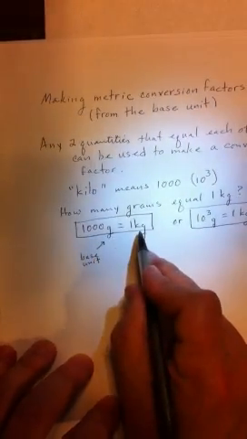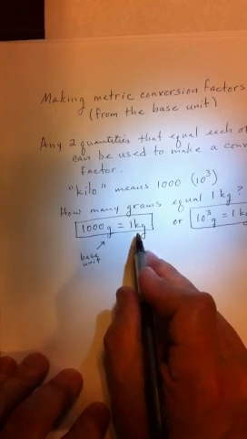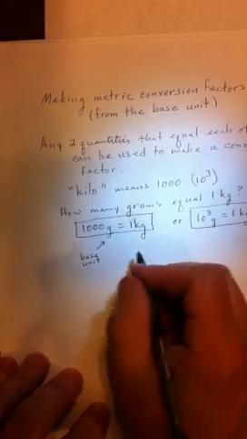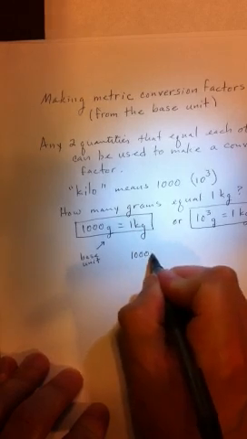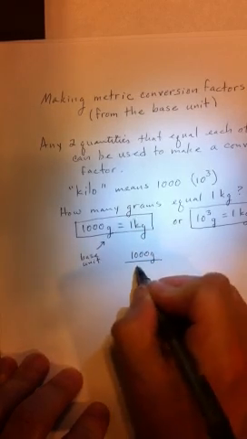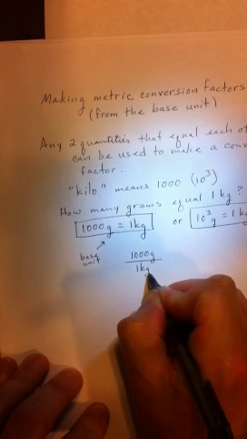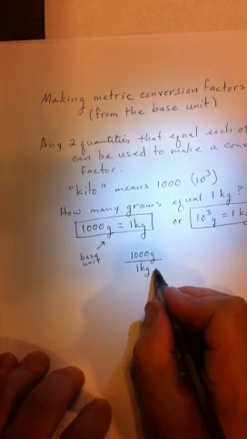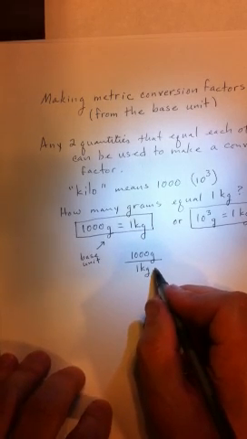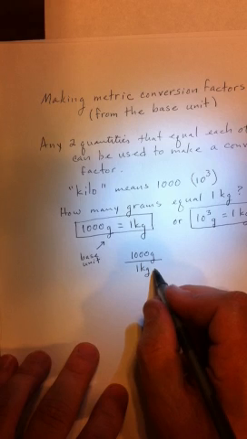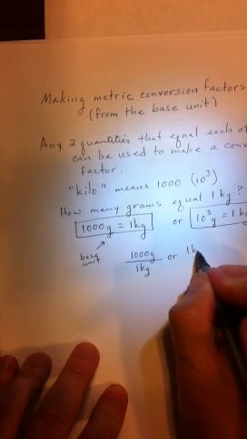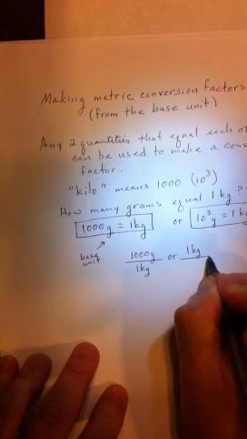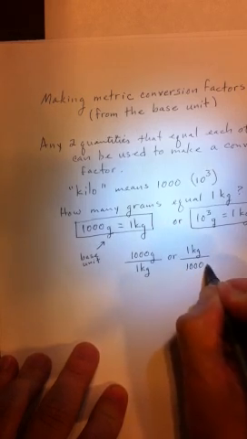Take what's on the other side of the equal sign, put it in the denominator, and we can write a conversion factor for dimensional analysis. So we could say that there are 1,000 grams in 1 kilogram. And any conversion factor can also be flipped upside down to give a second conversion factor. It's true as well that there is 1 kilogram per every 1,000 grams.